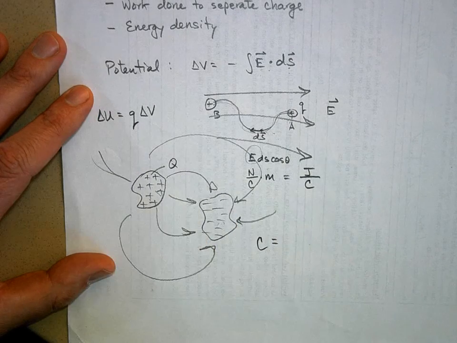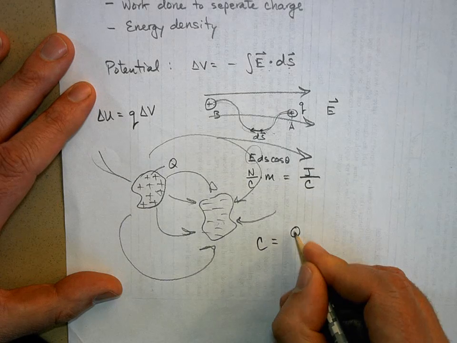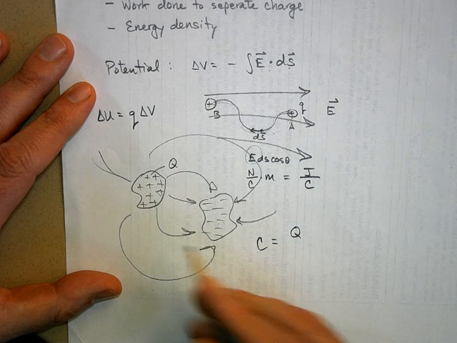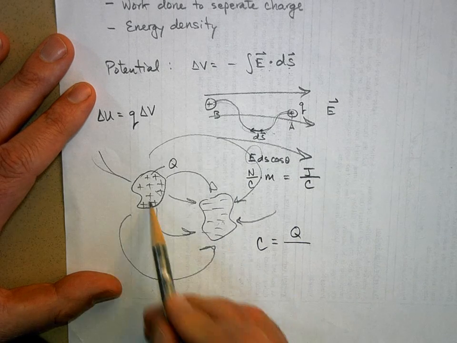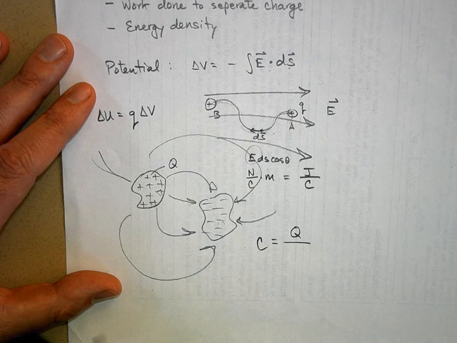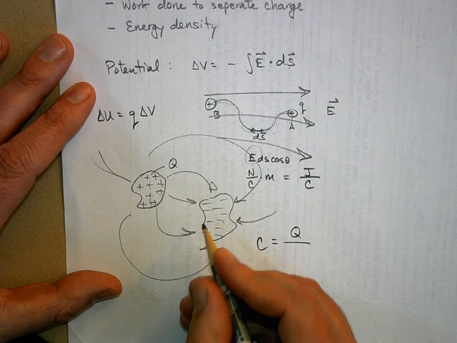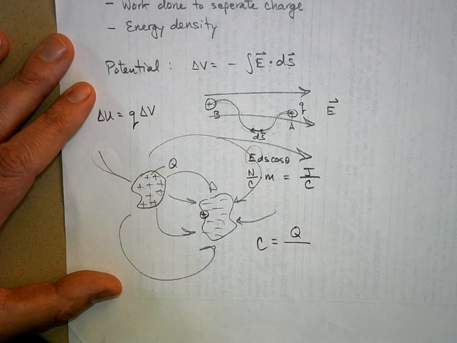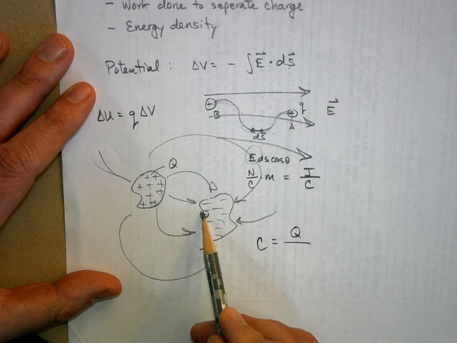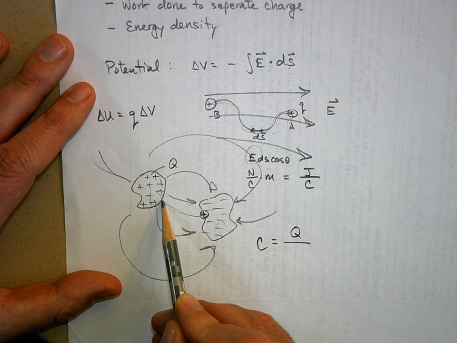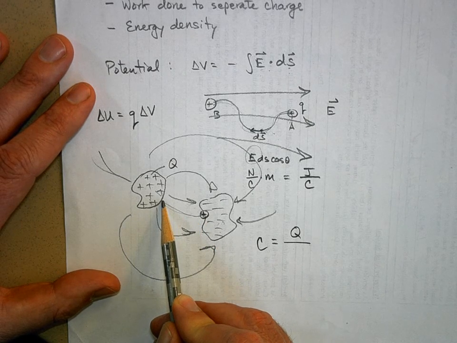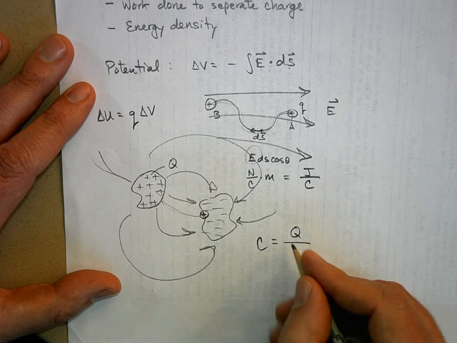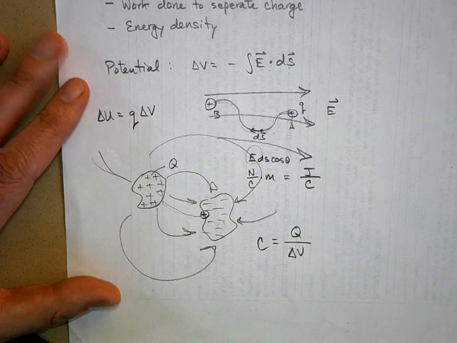It's the total charge I've got on this capacitor divided by the voltage difference between these plates. Now, what is the voltage difference? Well, let's say I take a little tiny positive test charge and I move it against this field to go from this surface to this surface. That's the voltage difference between those two plates.